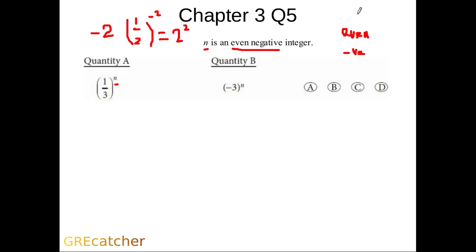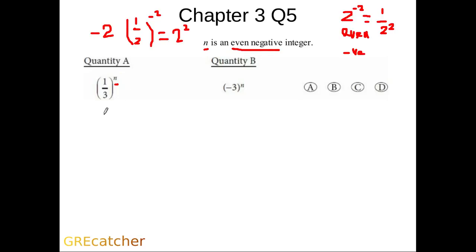And the same thing, if you have 2 raised to the power of negative 2, it's the same thing as 1 over 2 raised to the power of 2. That's just an important thing I want to stress. That's mainly the concept of this question.